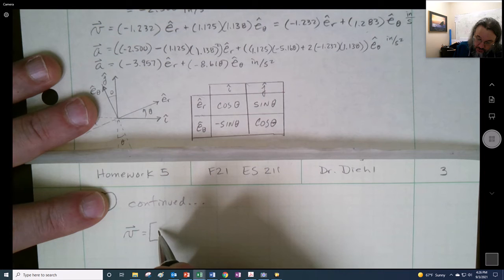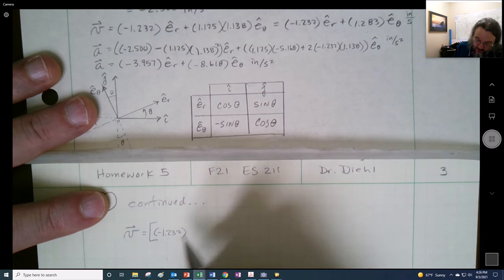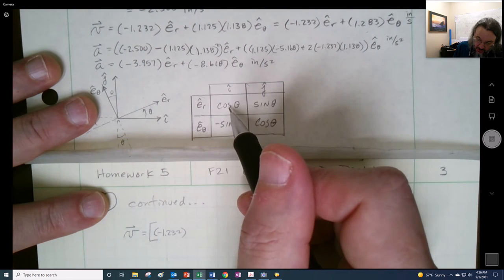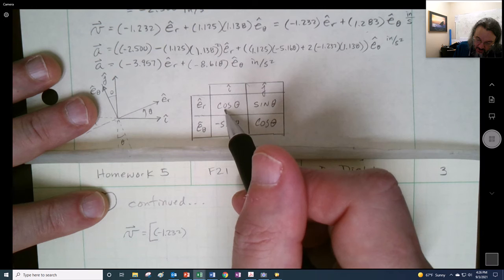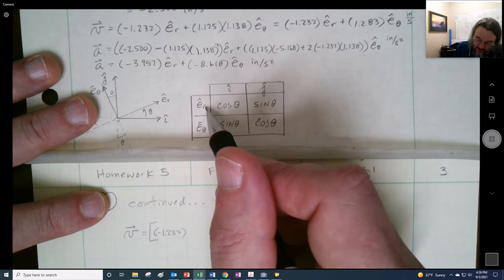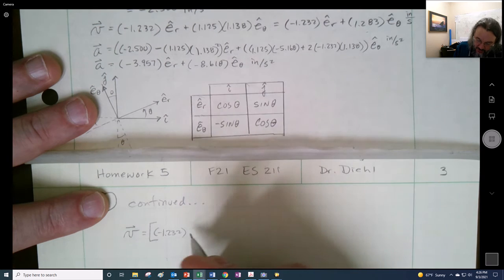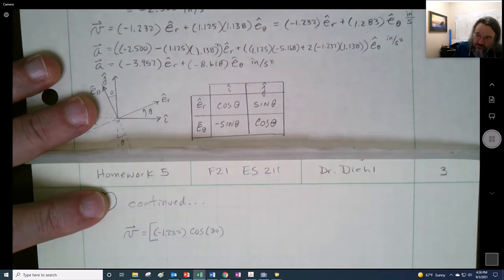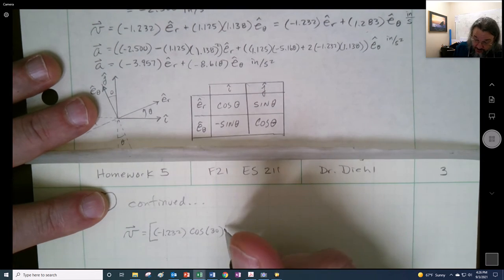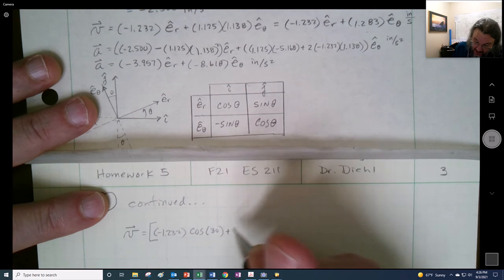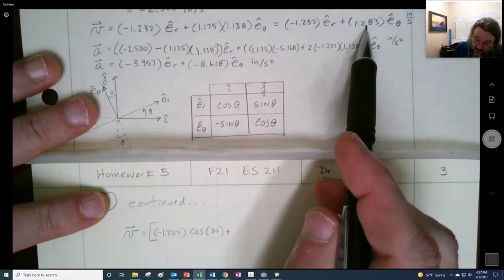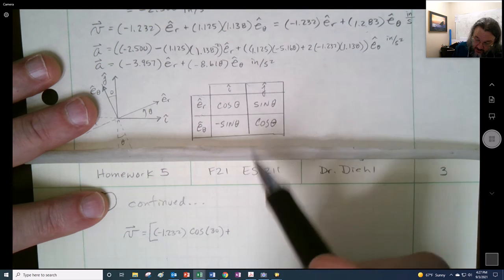Negative 1.232 times the cosine, taking ER right here, times there, then we take the E theta and multiply it by there. So that's the cosine of 30 degrees. I'm going to make sure I put my calculator back into degrees. And then we'll add to that this guy times him. There's both of the I parts, right?